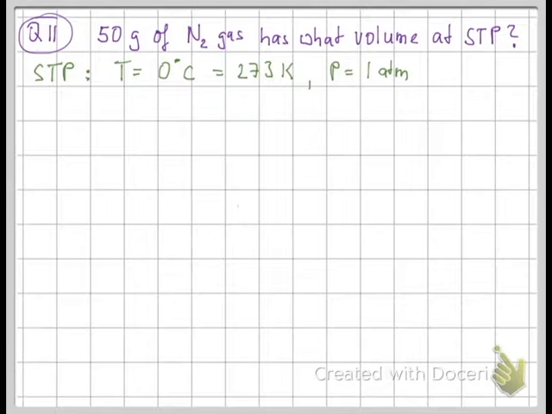Let me double check, yeah, it's the last gas law that I list on the worksheet. PV equals nRT, the ideal gas law.